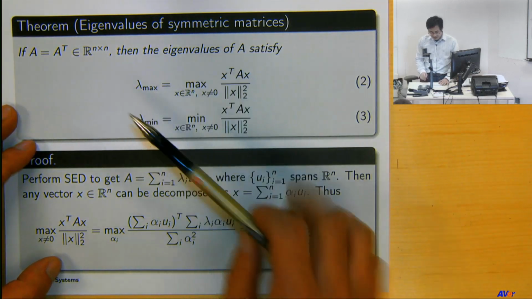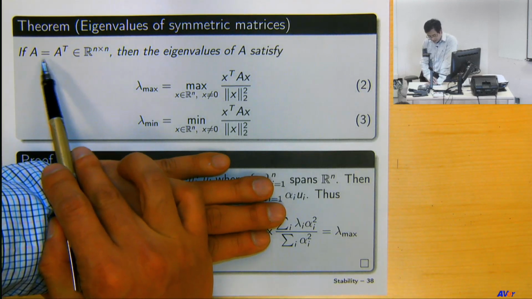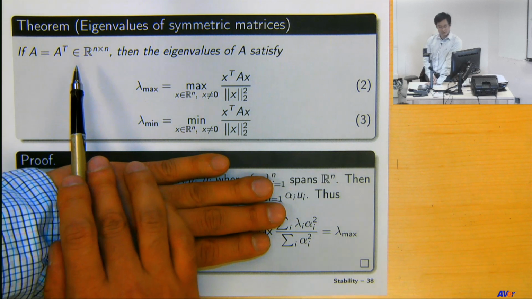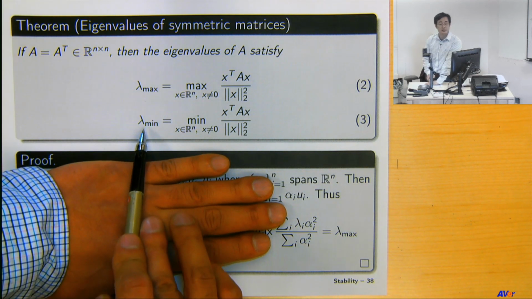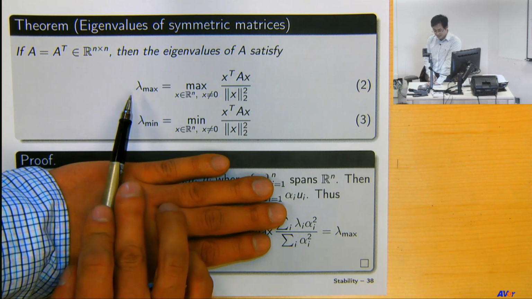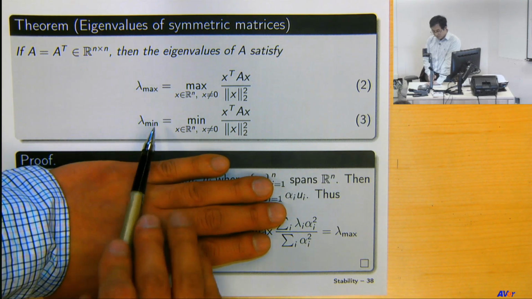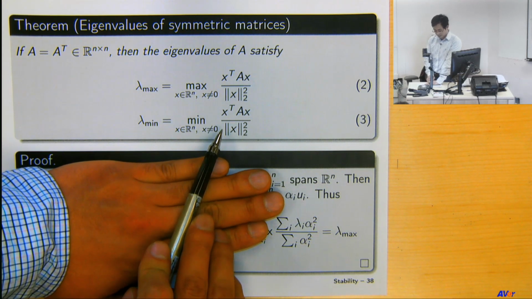So more specifically, this is the fact. If A is a symmetric matrix, we talked about how we can order the eigenvalues. We can pick the smallest eigenvalue and the largest eigenvalue. It turns out that the smallest and largest eigenvalues have a very specific format.